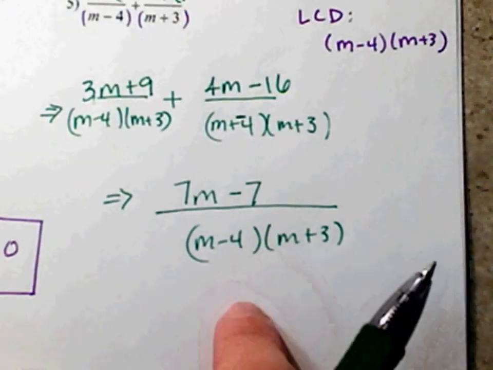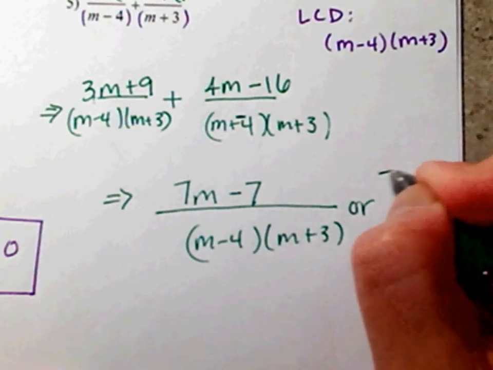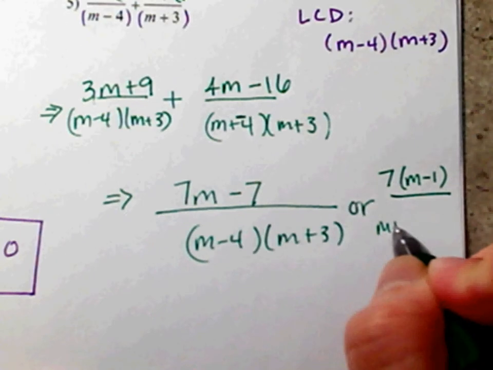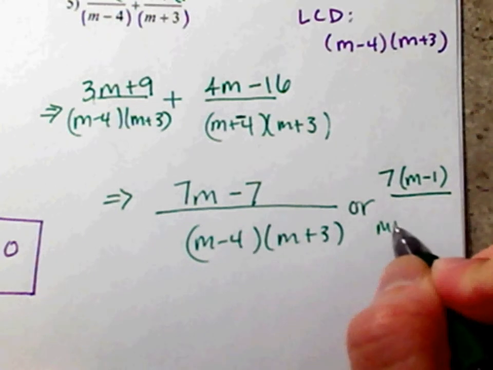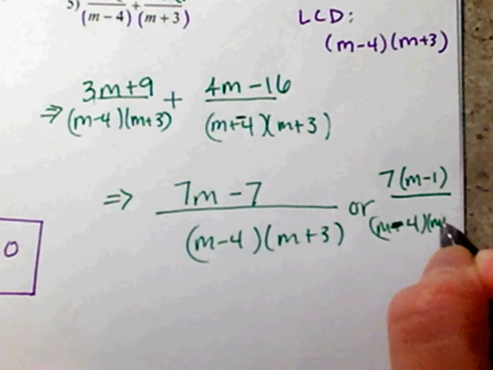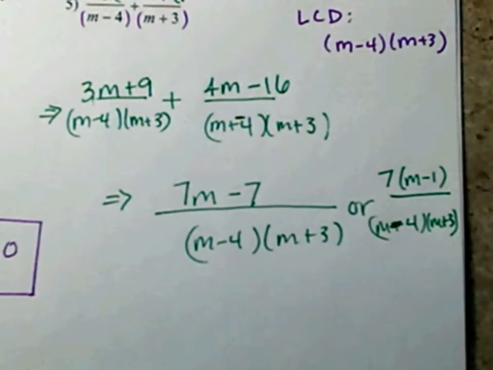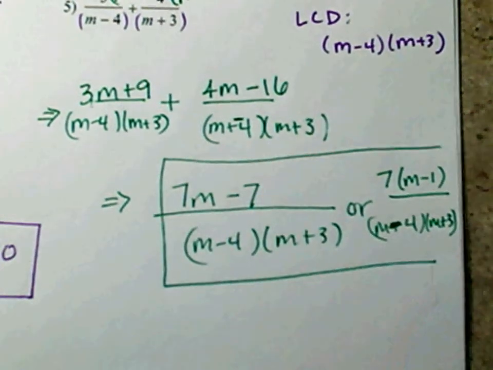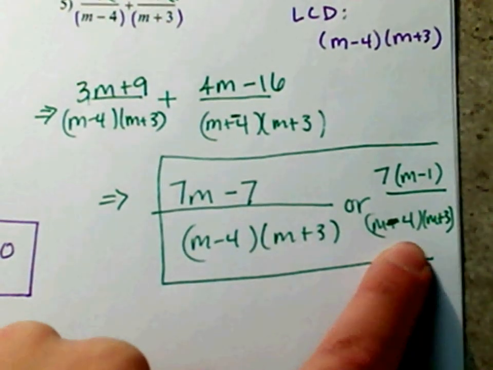And if you do, you factor out your 7, so you have m minus 1 over m minus 4 times m plus 3. Okay? Either answer will be acceptable. I would rather have this answer simplified, but either one is correct.